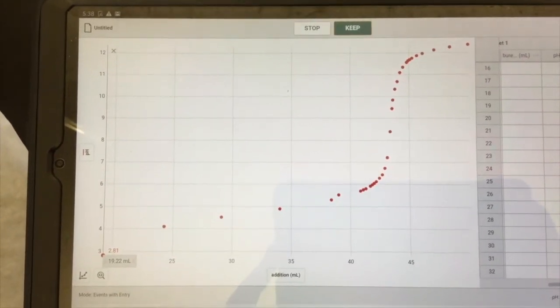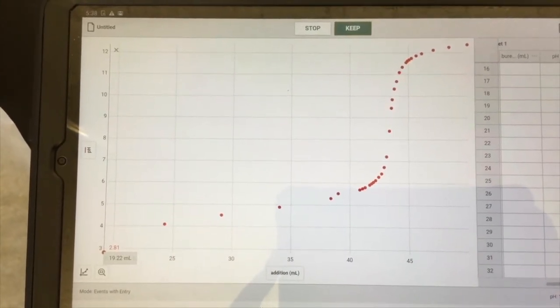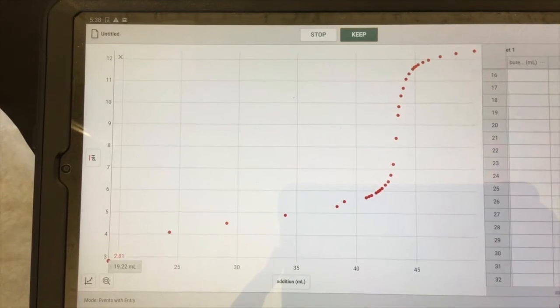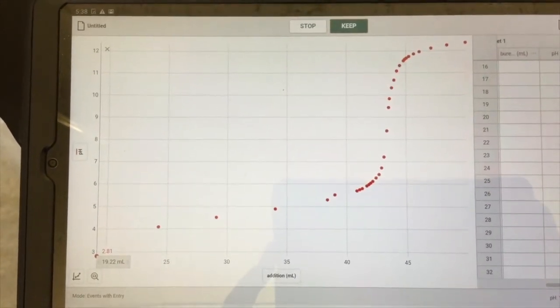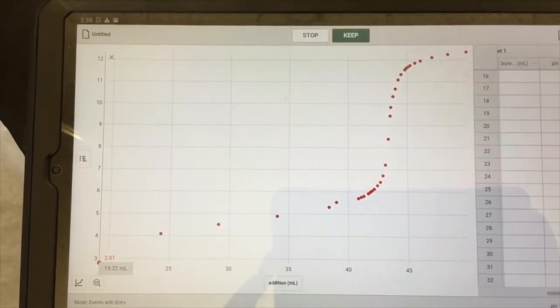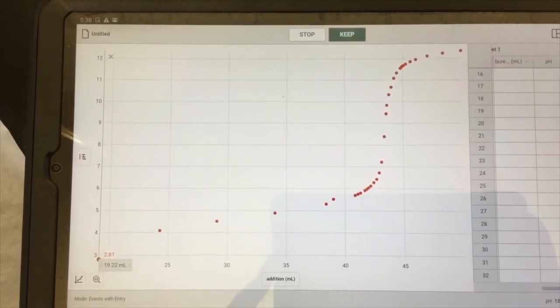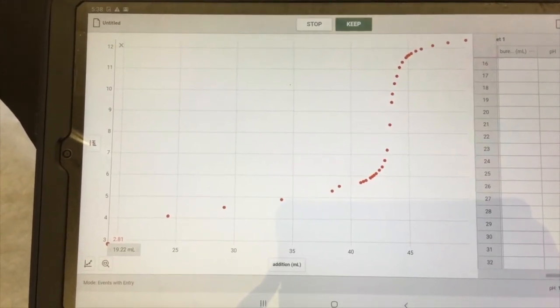This week's lab, you're going to be looking at some diprotic acids. These are acids that have two acidic hydrogens, two hydrogens that can be dissociated from the acid molecule and taken up into the water. And so the curve is going to look a little bit different. It's going to look like two of these curves sort of stacked on top of each other.